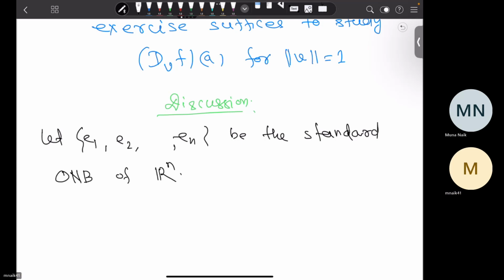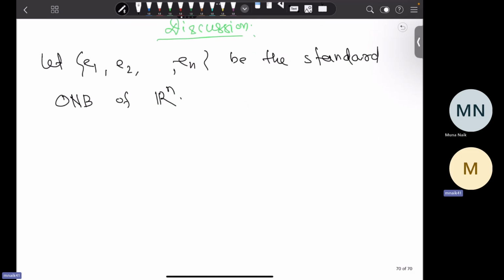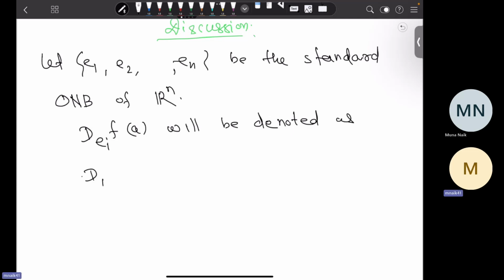So D_ei f at a will be denoted as D_i f at a or del f by del xi at a.